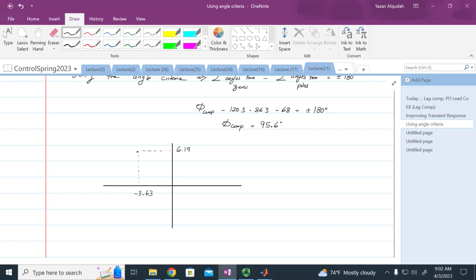So I'm going to draw an angle of 95.6, which is slightly greater than 90 degrees. I'm going to define this distance here as delta.